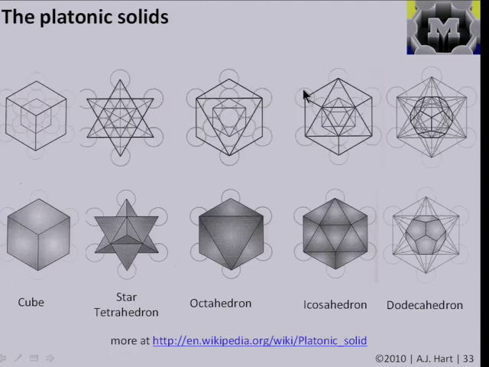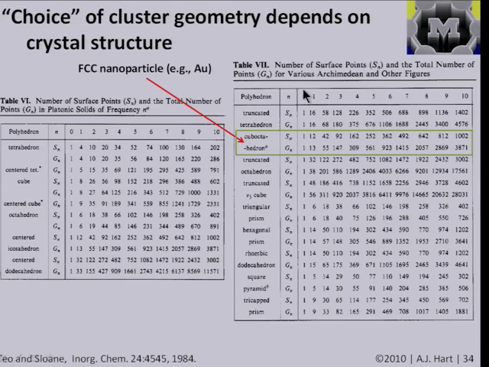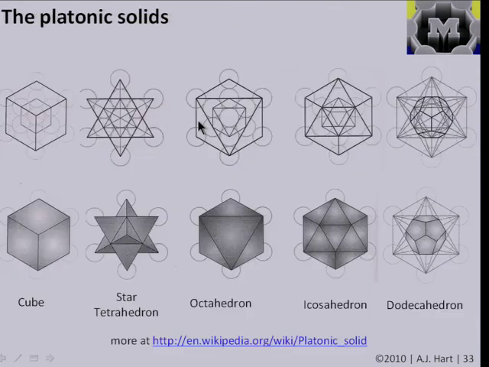And if we go back to our idea of the platonic solids, in fact, for gold nanoparticles, the paper will talk about how gold nanoparticles have an FCC cubic structure, and it turns out that the FCC crystal structure corresponds to a cuboctahedron in the platonic solid world, and each of these solids, sorry for going back, has a magic number of atoms because it's closed.